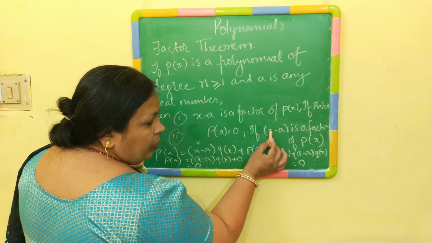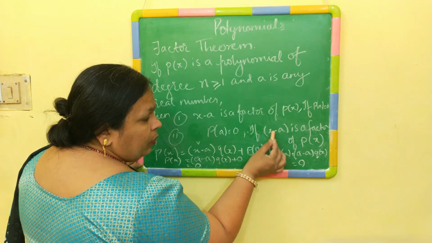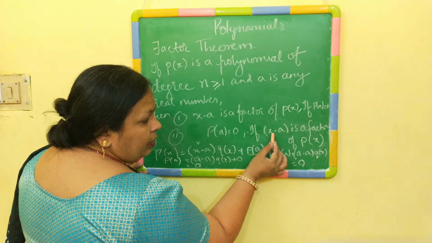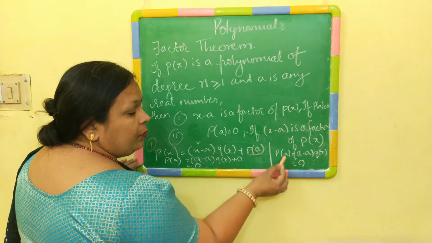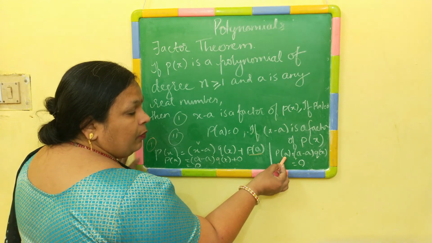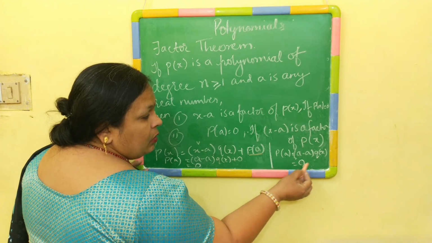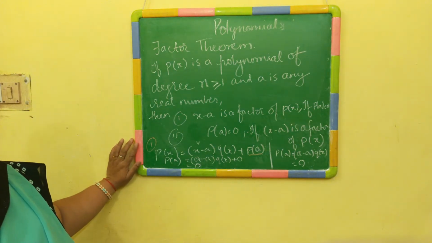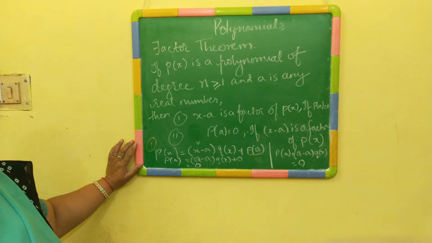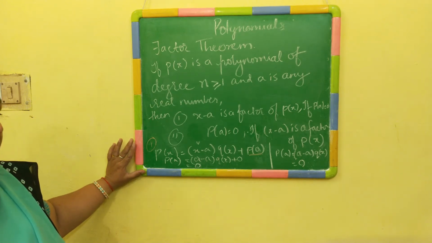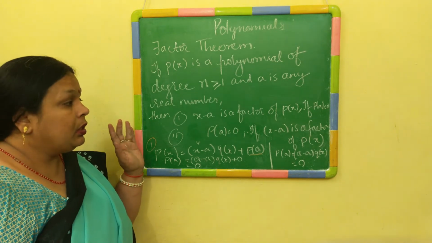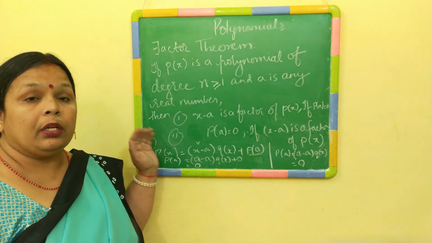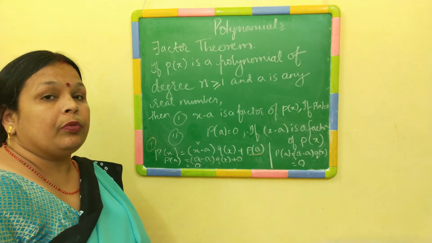We substitute x as a, so a minus a is 0, and 0 into something is again 0. This is exactly what the factor theorem says. Now we will use this to solve polynomials by splitting the middle term, and see how this theorem is practically applied on working problems.